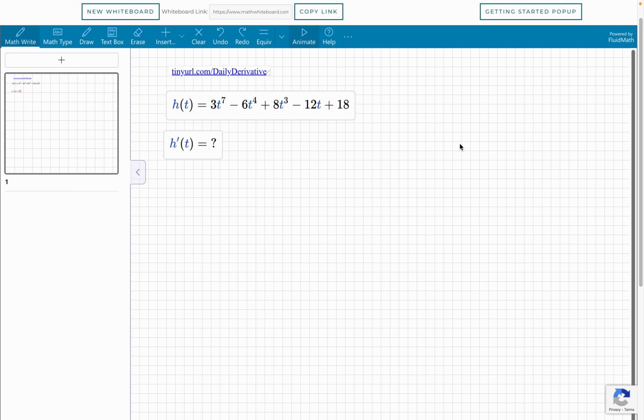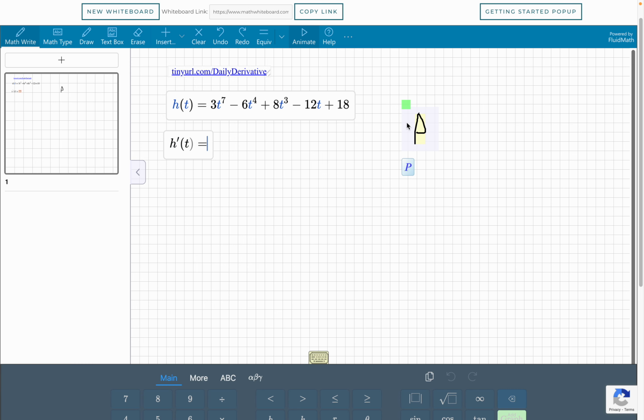Let's note the power. We have two main rules that we want.